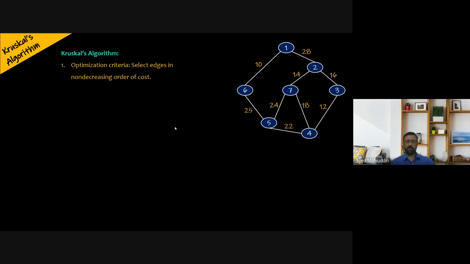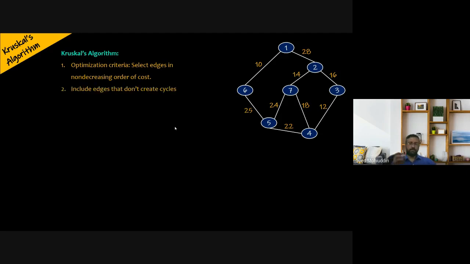Kruskal arranges the edges, assuming that the edges are arranged according to increasing order of cost, that is, non-decreasing order of cost. I am writing non-decreasing because that is the terminology used in the textbook, but it is increasing order, so non-decreasing and increasing are the same.